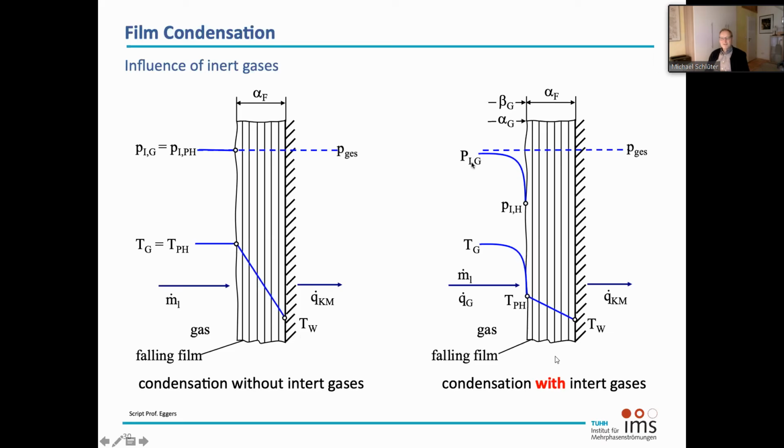And if we have an inert gas, then we have a strong decrease in the partial pressure in the film, where the inert gas is already present. And this means that we also have in the inert gas a strong drop in temperature due to this isolating inert gas layer. And this means we have much less temperature difference left for evaporation. This was a problem of the inert gas.